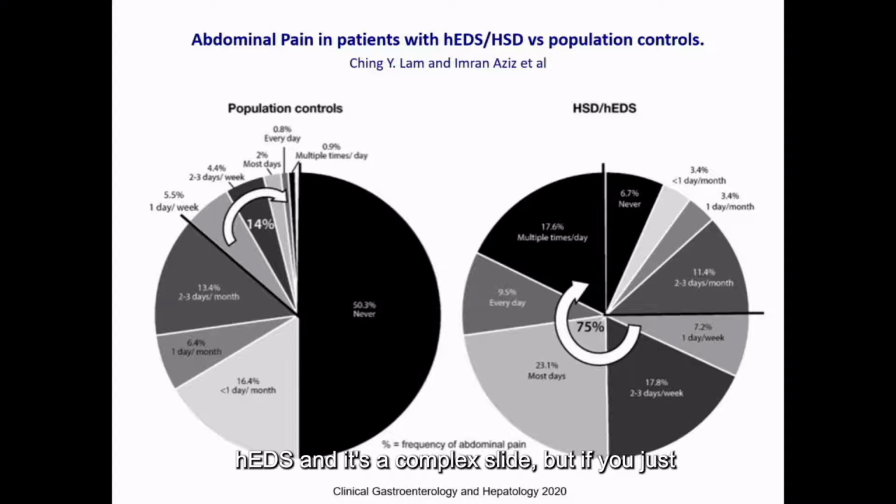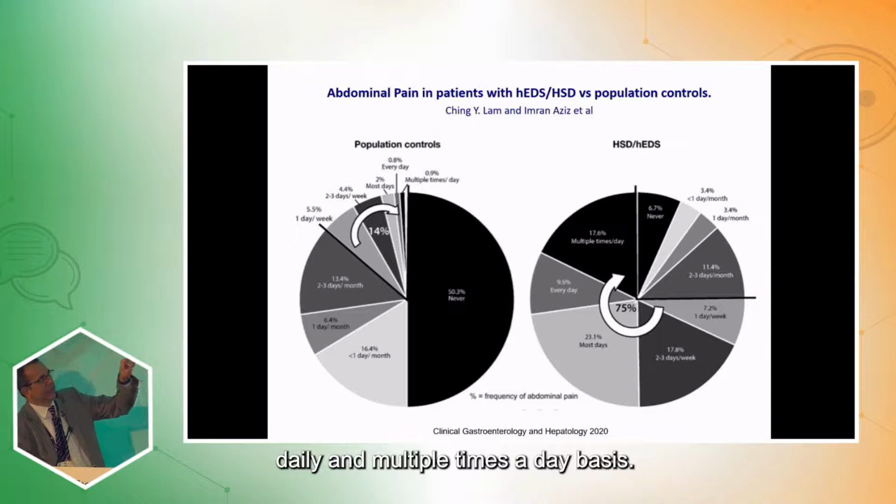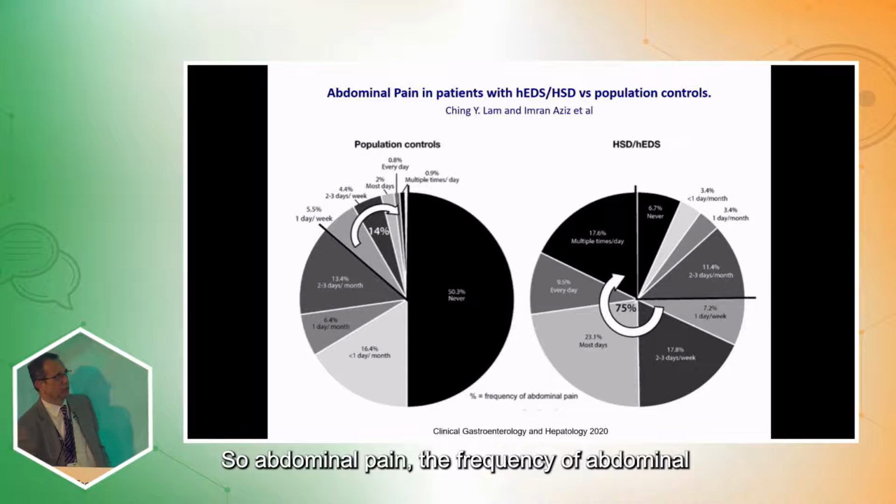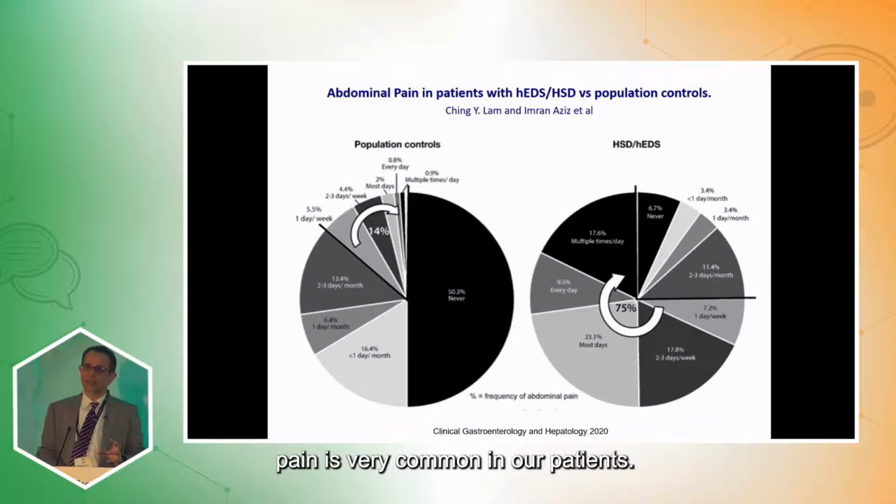It's a complex slide, but if you just focus on the top part on the left side, 14% of the population complain of pain almost on a weekly basis, daily basis, every day, or multiple times a day. Whereas in hEDS and HSD patients, 75% of them complain of abdominal pain on a weekly, daily, and multiple times a day basis. So the frequency of abdominal pain is very common in our patients.